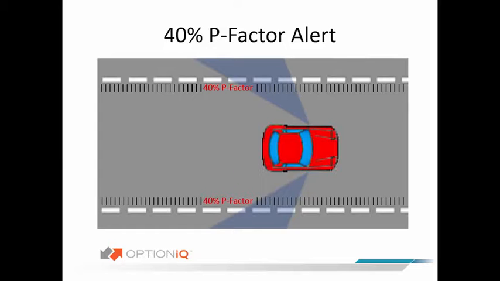Essentially what happens is if you get too close to your top boundary where you've entered that trade, or your bottom boundary, either side, it's going to alarm you that you are too close to the boundary and you must exit. Now everybody says, well, what is that alarm? What's the number? What's the percentage, so to speak? If you look at the slide here, it says 40% is that alarm level.